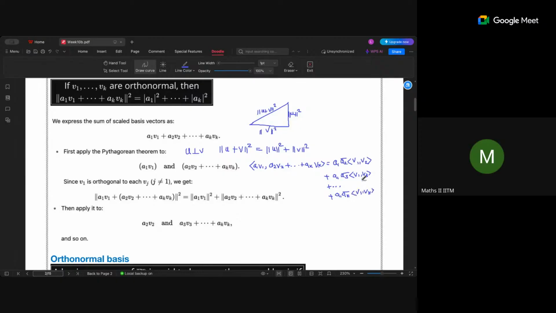Now what do you know about these inner products? You know that each of them is equal to 0, so the entire inner product is equal to 0.